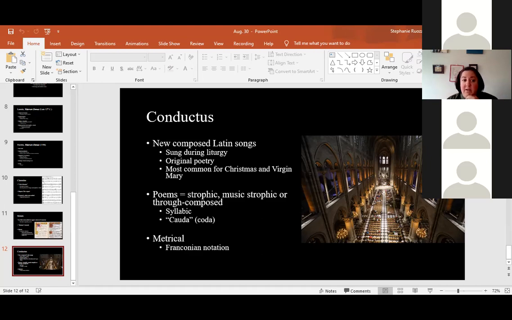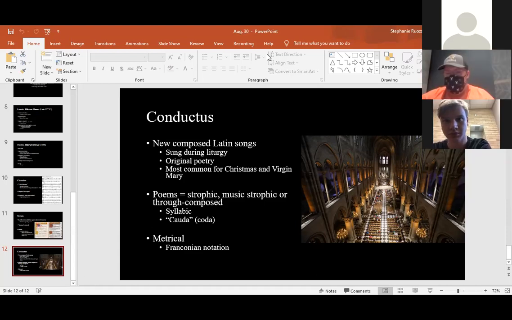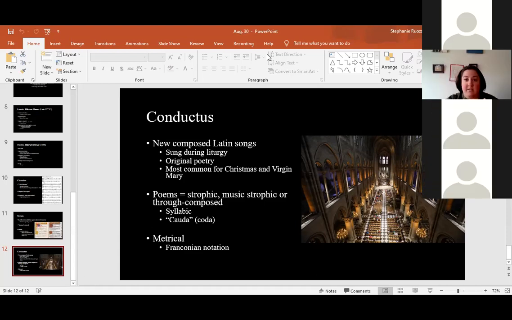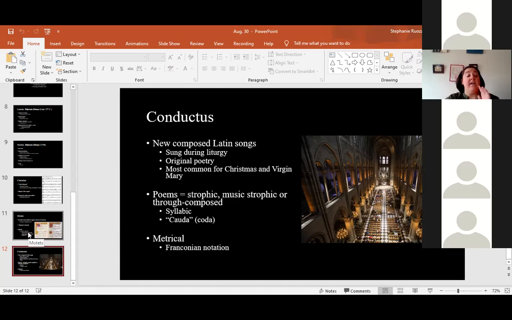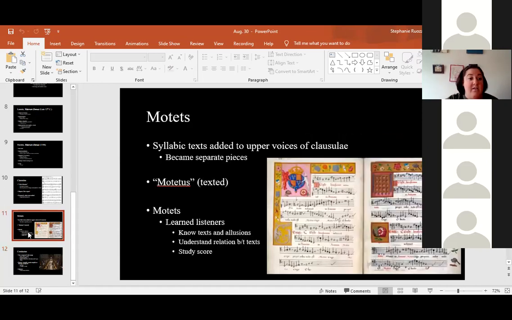Does anyone have any questions about conductuses, clausulae, or motets? If you do, please ask them, because I don't want to leave you hazy. Can we go over what the motetus is? Is that just the text itself without the music? It's the second voice of a motet. So it's literally the same thing as the duplum.